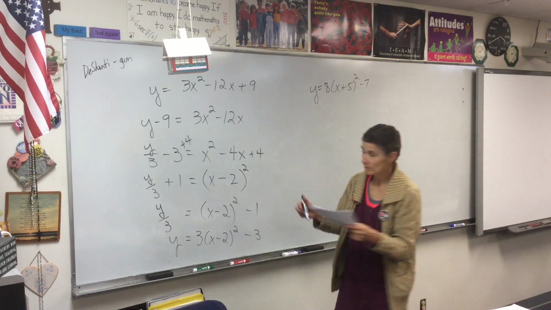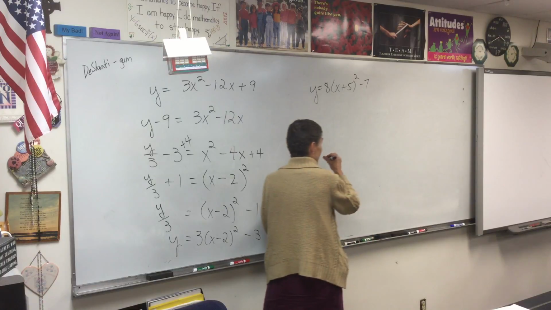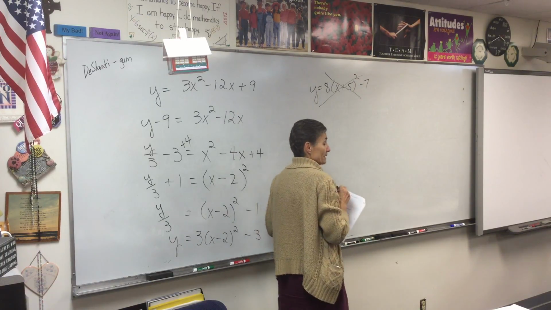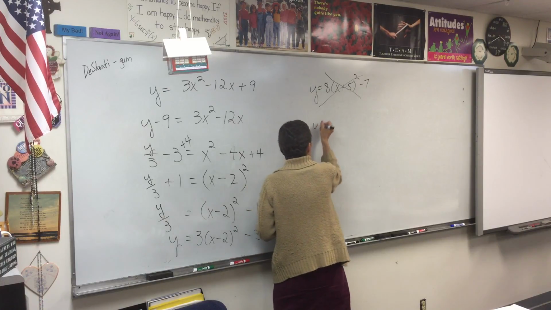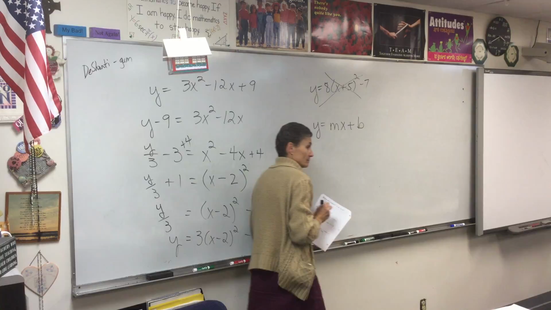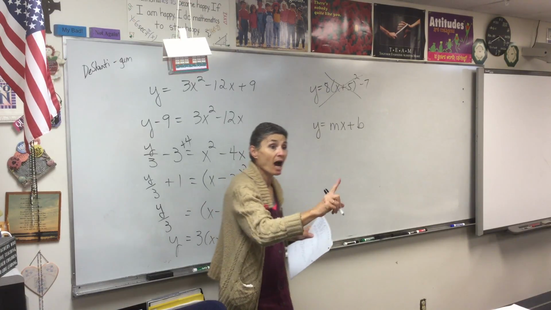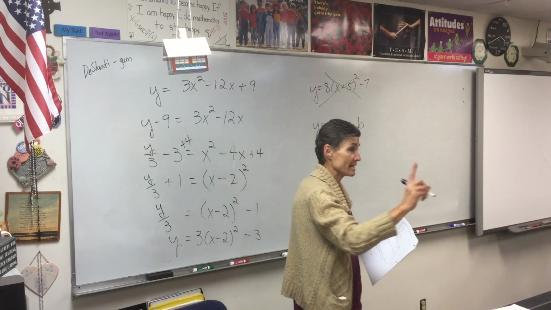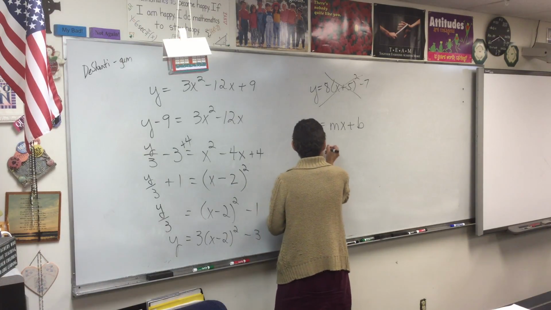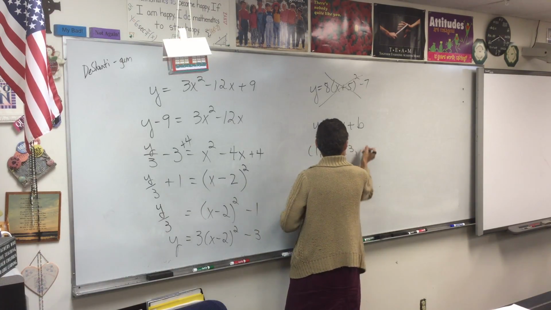All right, write the equation of a linear function. What pops into your head when I say linear function? Not this. What's a linear function? Y equals mx plus b. Line, linear, line. So what do I do? I've got 2 points, 1 comma 4 and 3 comma 8.